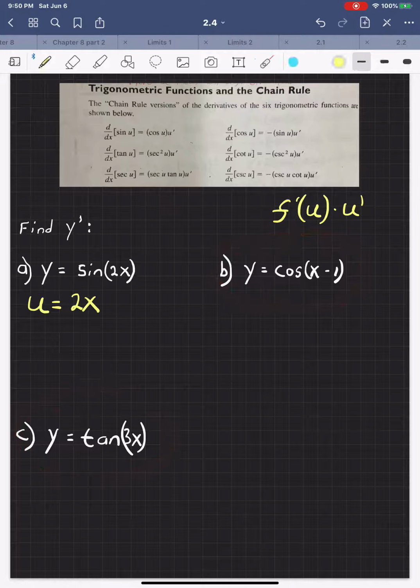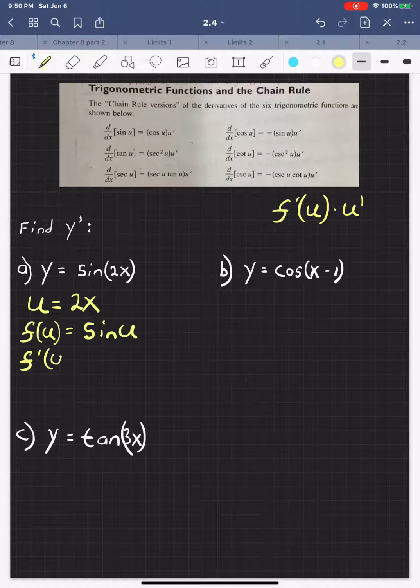Okay? So if we allow u to be 2x, then f of u would be sine of u. And as you recall, I need f prime of u, and I need u prime to finish this up. So f prime of u, well, the derivative of sine is cosine. And then u prime, the derivative of 2x, is just 2.